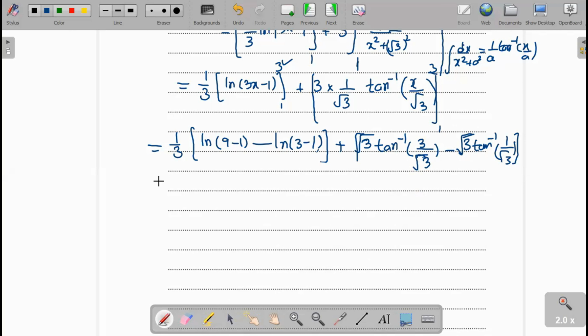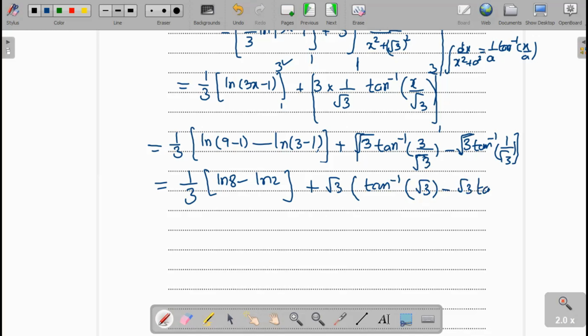Now here, 1 over 3, this is ln 8 minus ln 2, and plus square root of 3 is taken as common. We get tan inverse of square root of 3 minus tan inverse 1 over square root of 3.